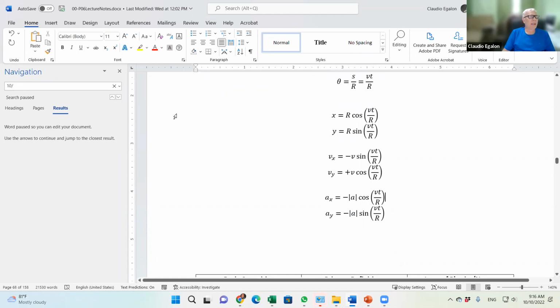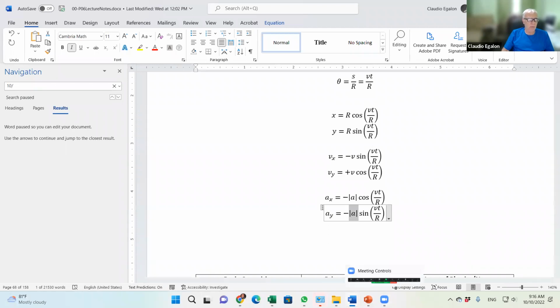Because the position vector points away from the center and the acceleration points towards the center, the x and y components of the acceleration are going to be proportional to the x and y position with a negative sign here. We still do not know what goes here. We know that it's going to be the magnitude of the acceleration, but what is the value of the magnitude of the acceleration?